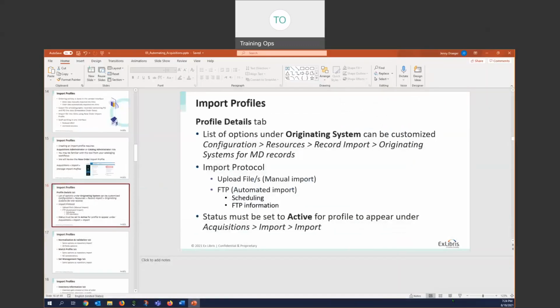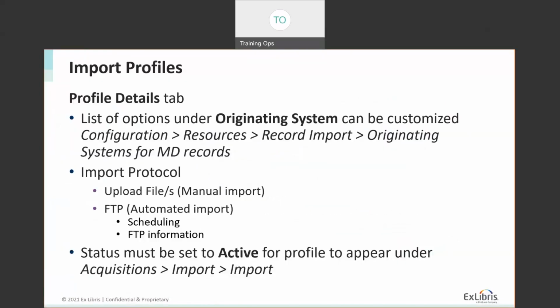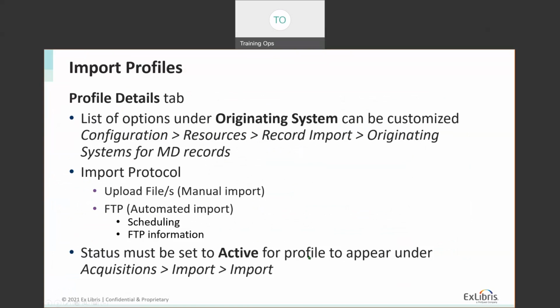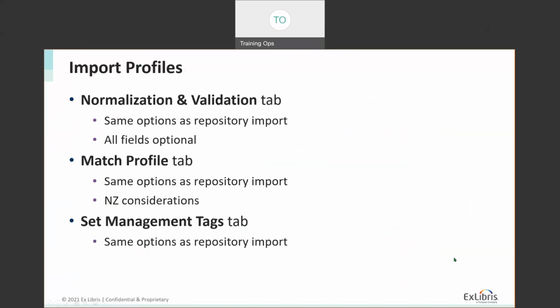Let's go back to the PowerPoint. This is just talking about, on the profile details tab, some of those important things I mentioned. Oh, and at the bottom, the status must be active. Okay, we talked about that. The normalization and validation tab, the match profile tab, the set management tab.